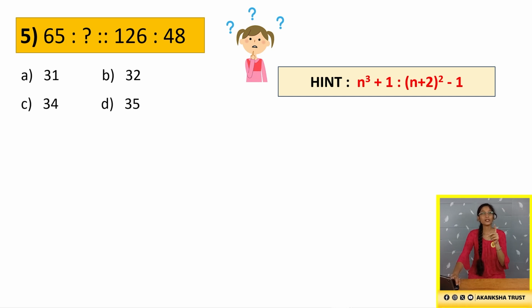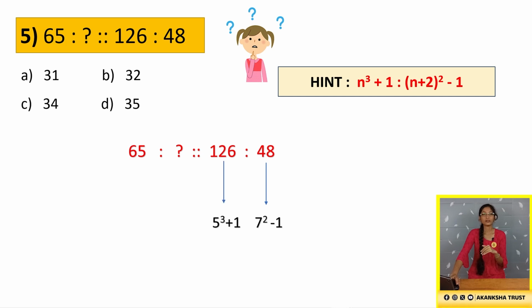So you can guess the relation, isn't it? See, n cube plus 1 for the first number, the relation is like this: n cube plus 1. For the second number, n plus 2 whole square minus 1. Okay, let's see. See 126. 126 is 5 cube plus, adding one number. 5 cube plus 1, 125 plus 1, 126.